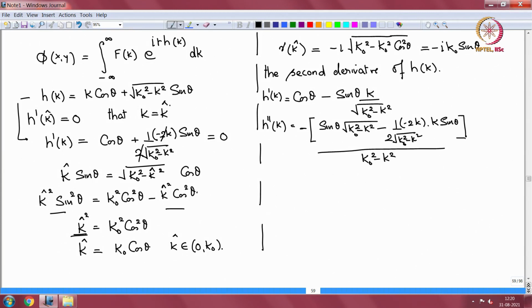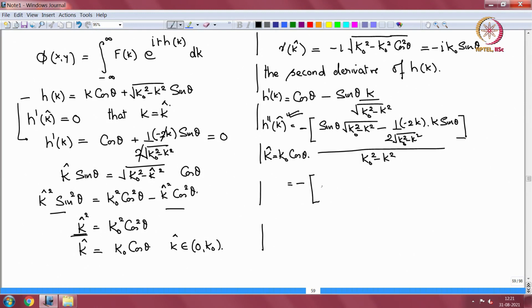Okay, now already I know that my k hat is k0 cos theta. So I have to evaluate this at k hat.